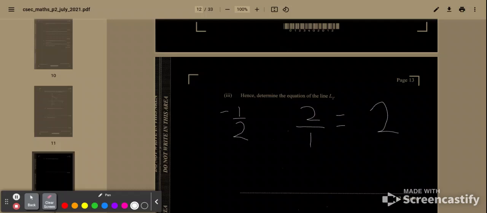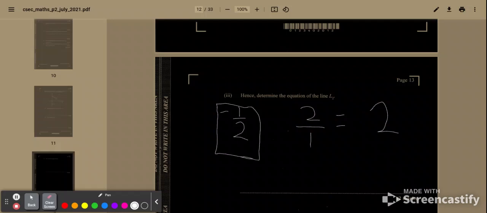And the other criteria is if the value of the gradient is negative, then the other gradient will be positive. And if the value of the first gradient, like for L1, is positive, that means the other gradient will be negative.